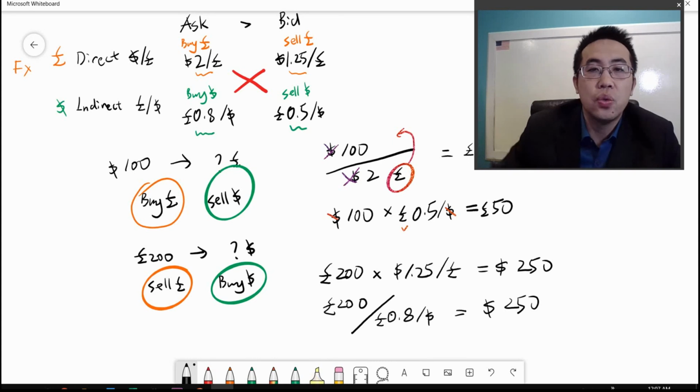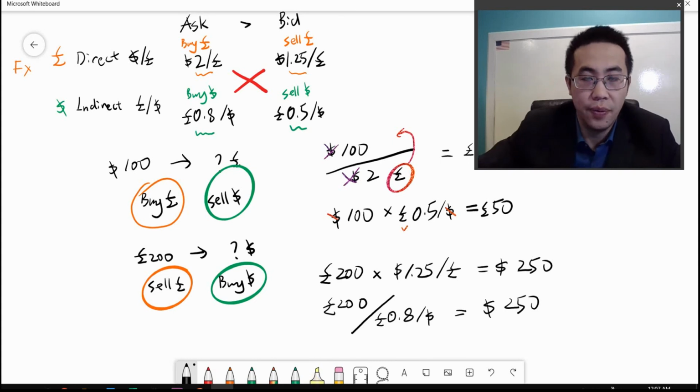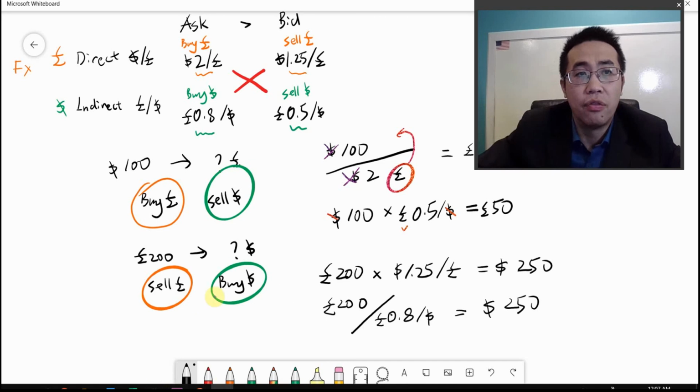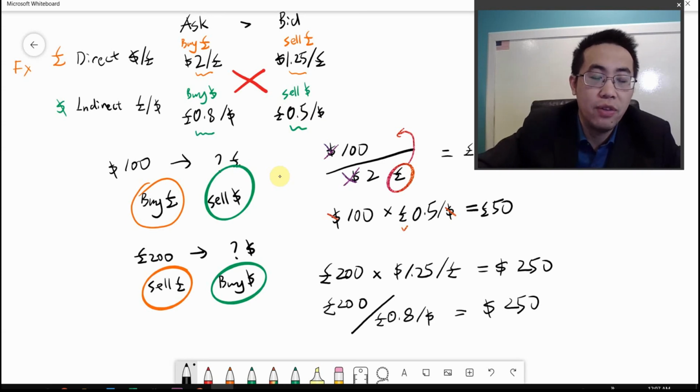Okay, so there are two ways to calculate your exchange proceeds: from a dollar to other currencies, or from other currencies to US dollar. And you can use bid and ask for direct and indirect. Just make sure you select the right number. So if you're buying foreign currency, you'll go for the ask price in the direct quote.